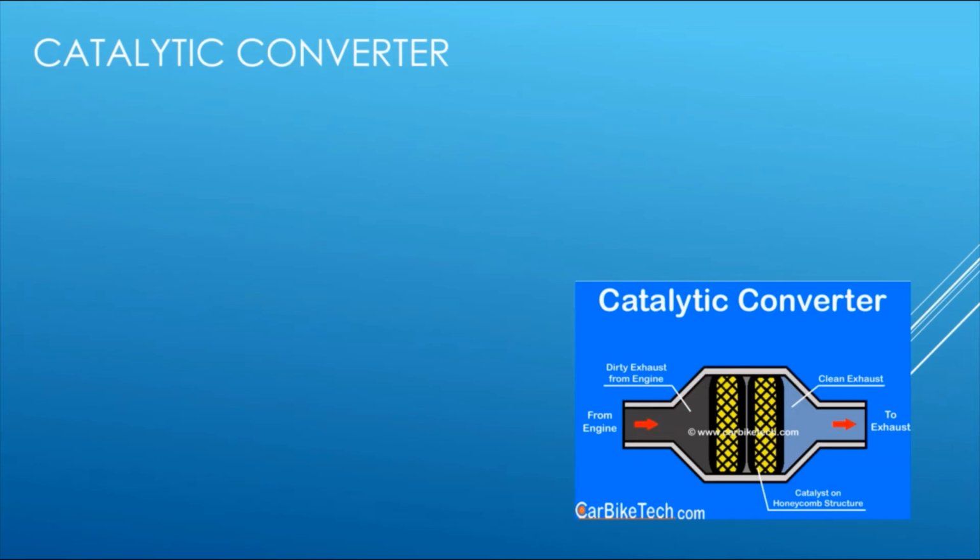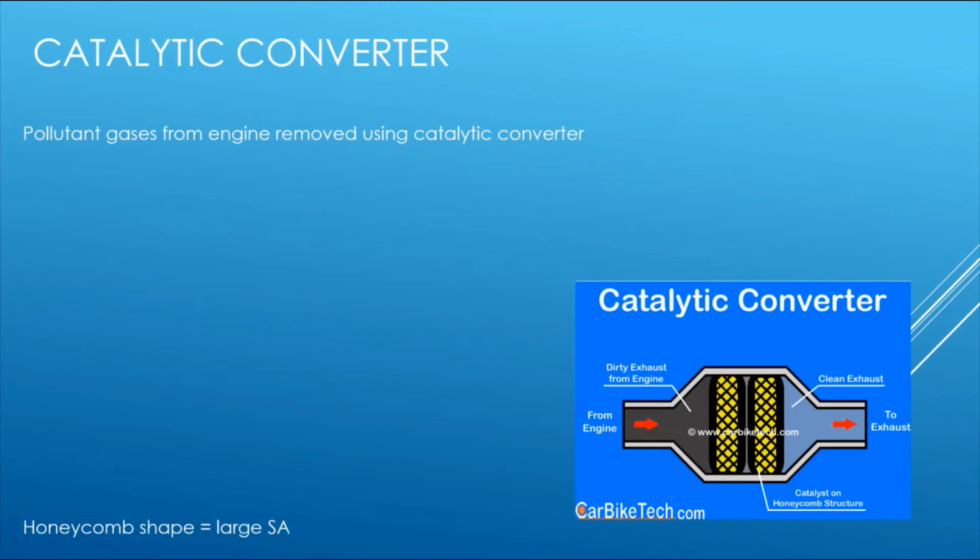All right, so catalytic converters. These can be used. What they do is remove the pollutant gases from the engine. So the harmful gases such as carbon monoxide would be turned into less harmful gases such as carbon dioxide, and this is what the catalytic converter does.